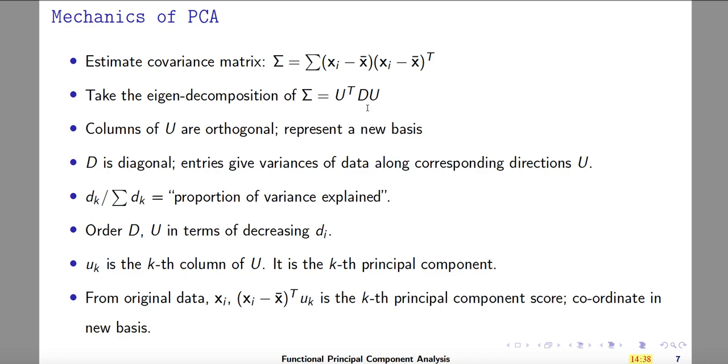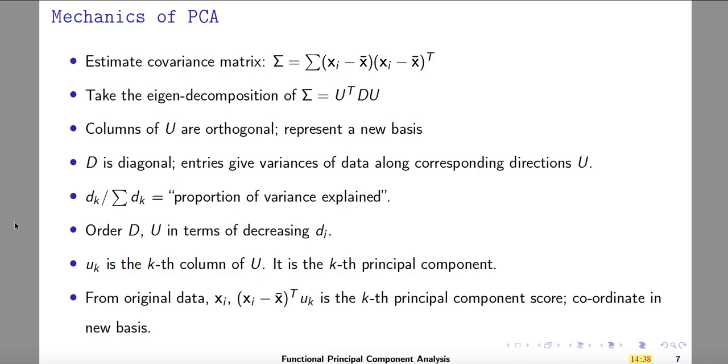So sigma equals U transpose times D times U, and here the columns of U will be orthogonal to each other. Each column of U will be a principal component, and D will be a diagonal matrix, and each entry in the diagonal will be an eigenvalue of capital sigma.